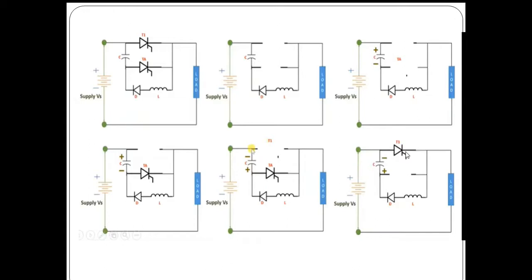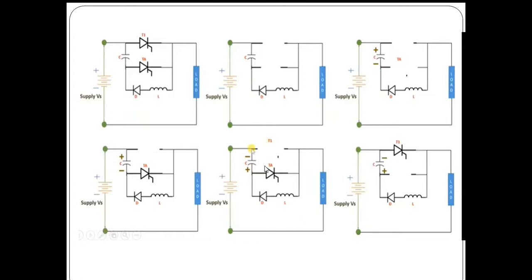Now we are firing thyristor T1. The current will be flowing through the load in this closed direction. Now the thyristor TA will be off. To turn off thyristor T1, we are turning on the auxiliary thyristor TA.